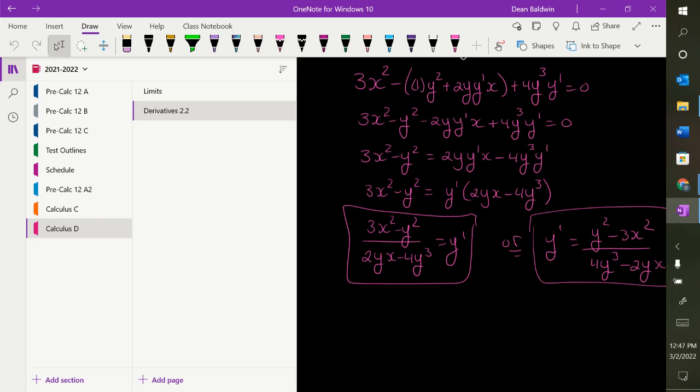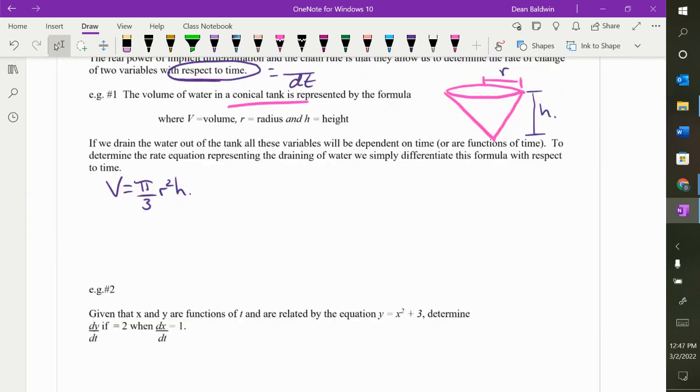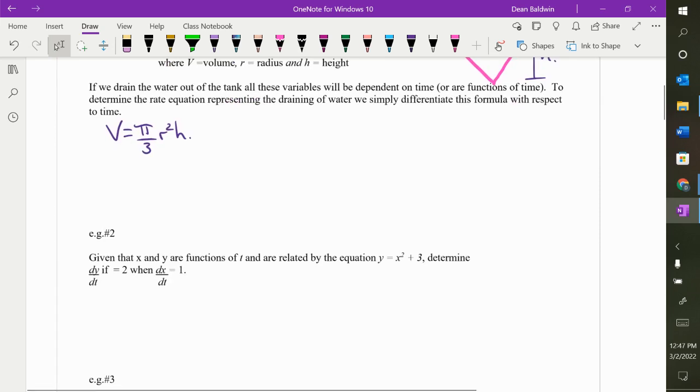Problem is, you shouldn't do that when you're doing implicit, because you're going to have r primes, h primes, and all this type of stuff. So what I would want you to do is say the derivative of v with respect to time is just dv over dt. Change in volume with respect to time equals.